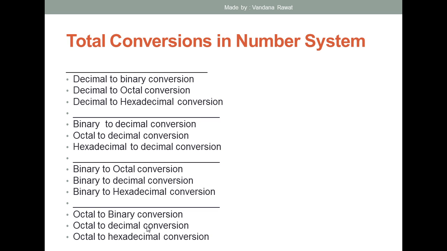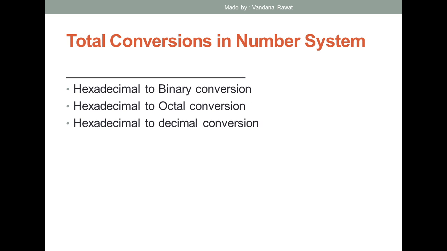Then what is left here, we have not taken the hexadecimal conversions. So take the next conversion, that is hexadecimal: hexadecimal to binary conversion, hexadecimal to octal conversion, and hexadecimal to decimal conversion. So almost all types of conversions we have covered.